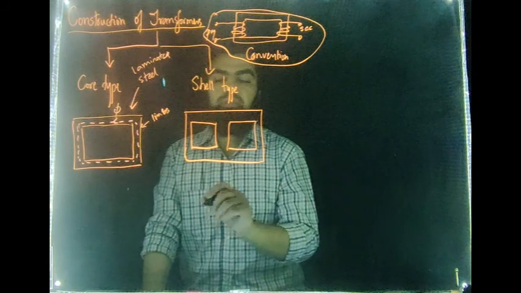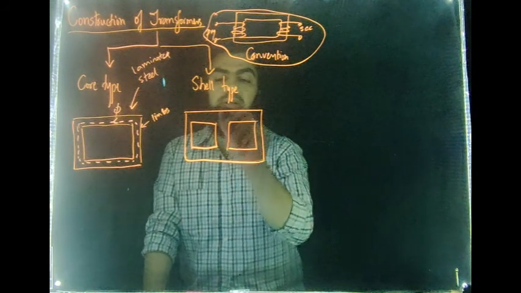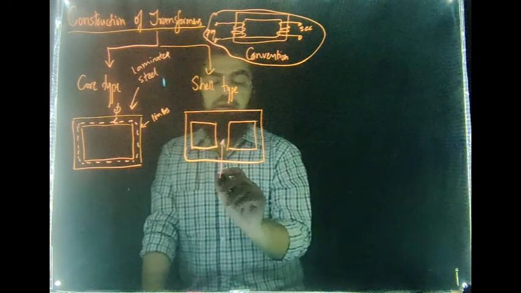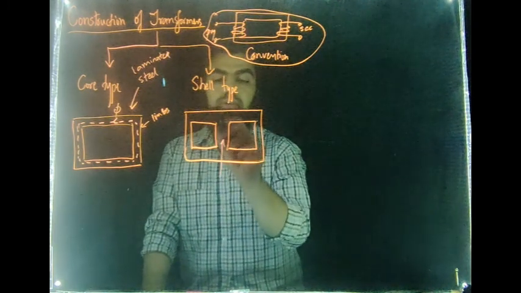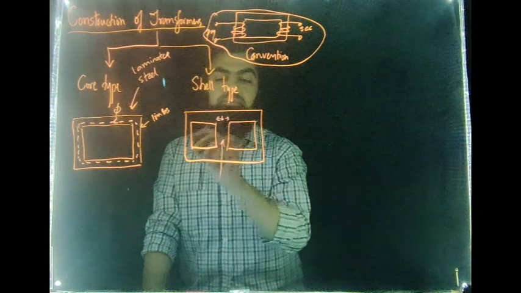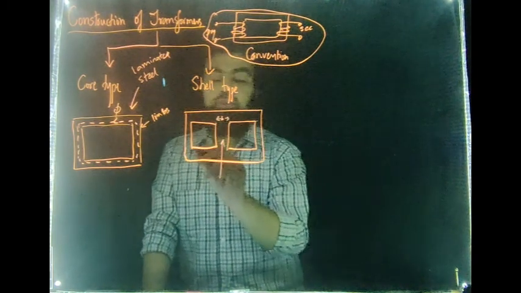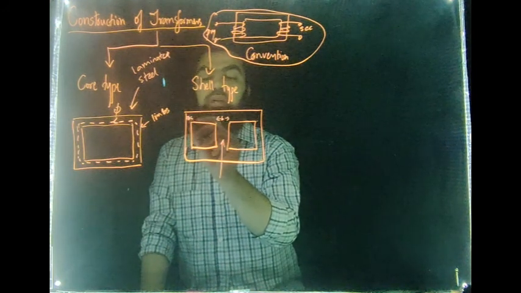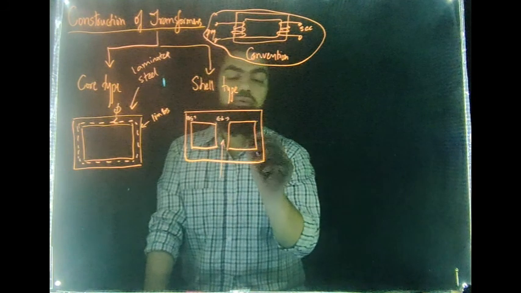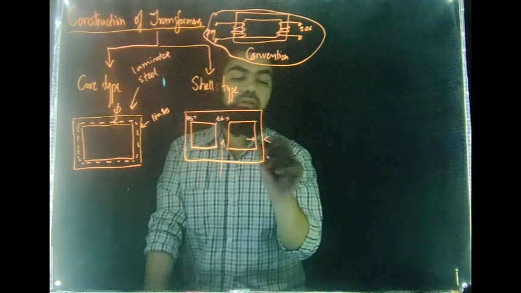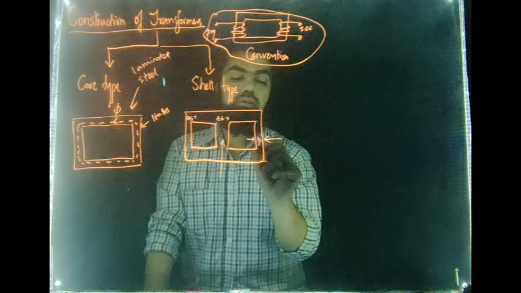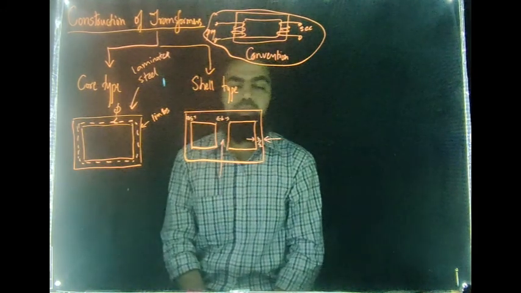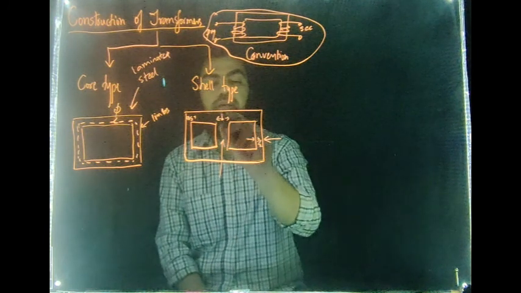In the case of a shell type transformer, if the width of the central limb is B, the side limbs will be of width B by 2.